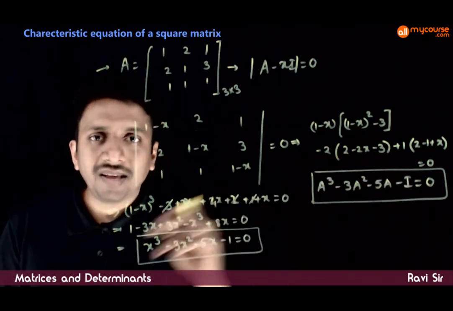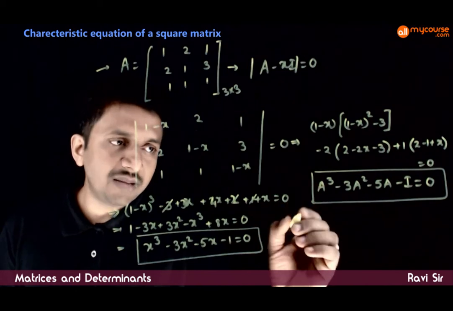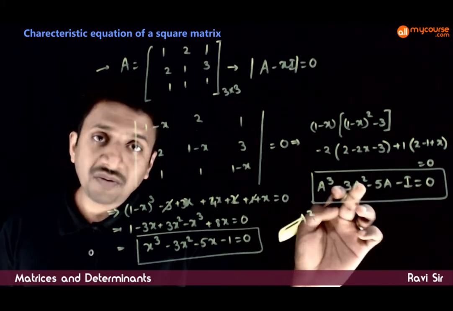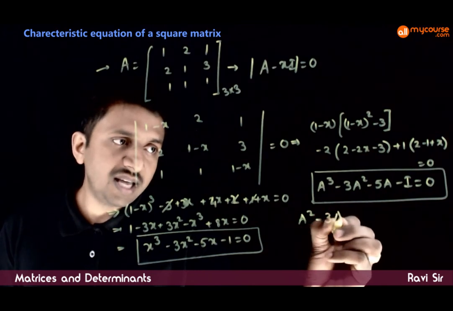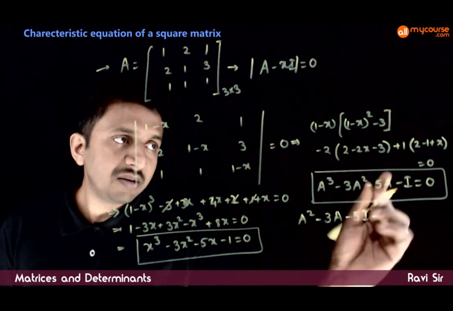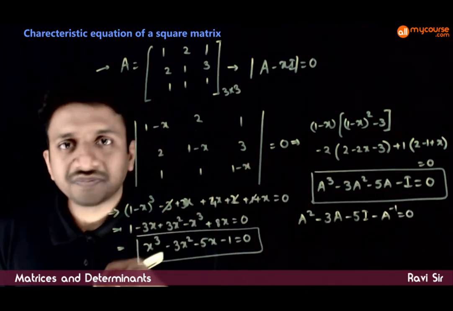If you multiply the whole equation with A inverse, A inverse times A cube is A square, minus 3 times A inverse A square is A, minus 5 times A inverse A is I, minus I times A inverse, which is A inverse, is equal to 0.